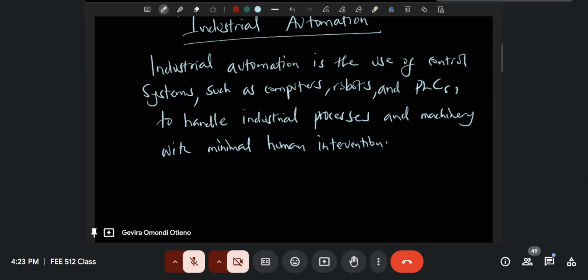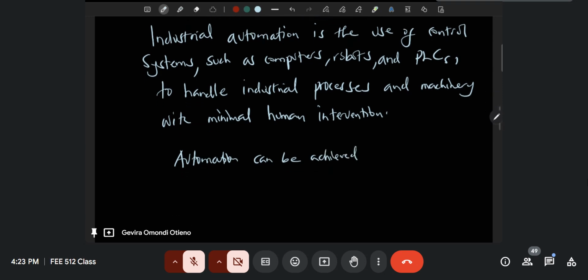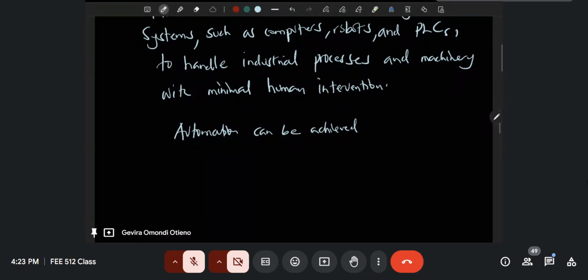Now, for somebody who may ask, what is the difference between automation and mechanization? One, let me just indicate that automation can be achieved by scientific techniques. I won't write much, I just need you to listen.